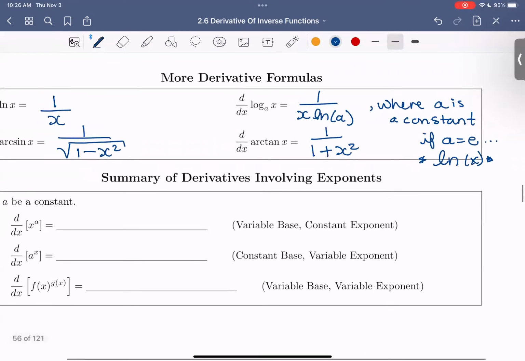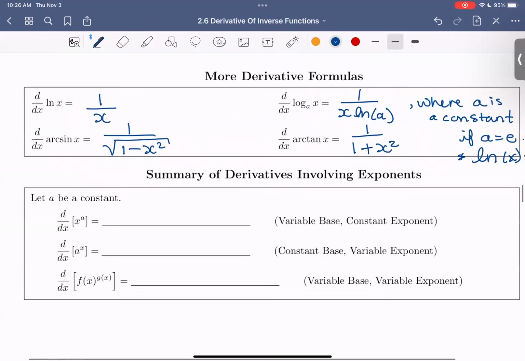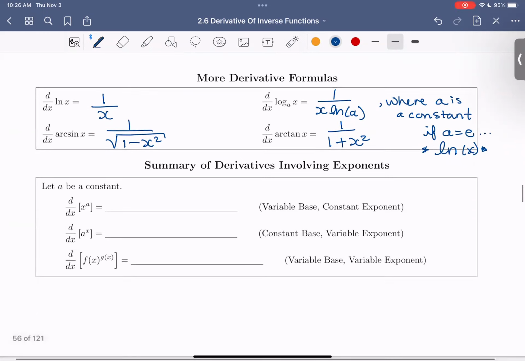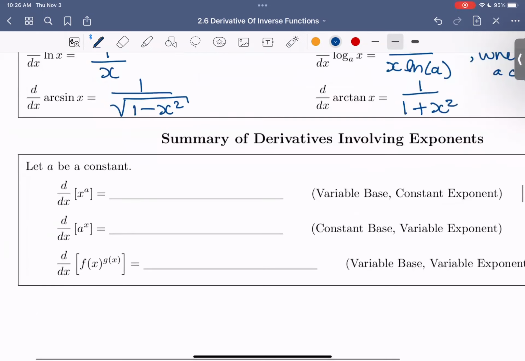All right, so now we just have to finish out these derivative formulas, some derivatives involving exponents. And actually, you've seen some of these before in the first sections of our chapter when we started looking at formulas for common derivatives. So here in all of these, a is a constant.